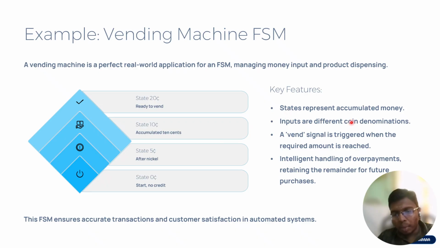States represent the accumulated money and the inputs are different coin denominations, and a vend signal is triggered when the required amount is reached. Intelligent handling of overpayments and retaining the remainder for future purchases. This FSM ensures accurate transitions and customer satisfaction in the automated system.